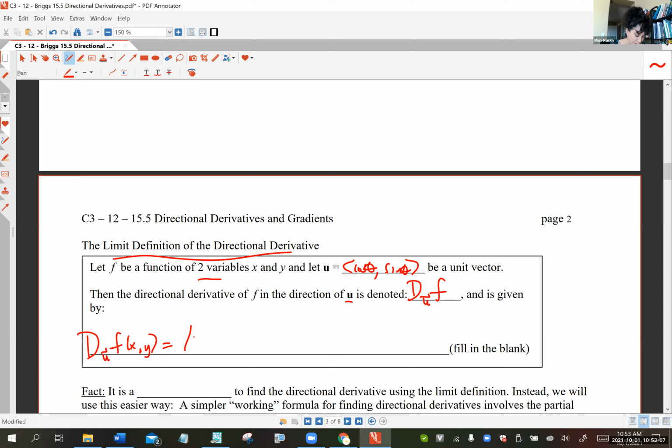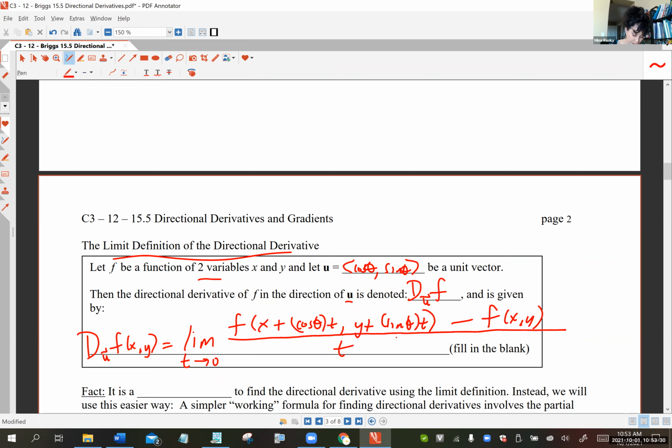It's a limit as t goes to 0 of this huge difference quotient I just did, f evaluated, and they replace the x naught, y naughts now with just x and y. They get more generic. f of x plus cos theta t, comma, y plus sine theta t, minus f of x, y, all over t.